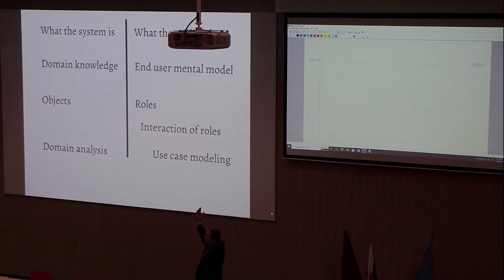You will perceive them as objects, but these are actually roles that your domain objects play. We talked about this with respect to the approach called data context interaction and preserving use cases in code.